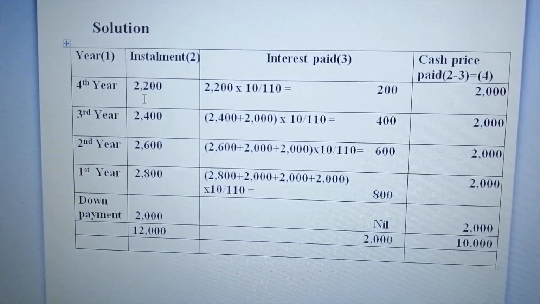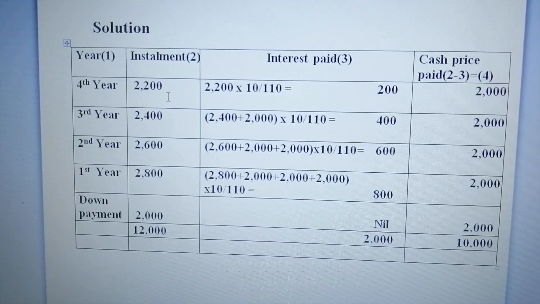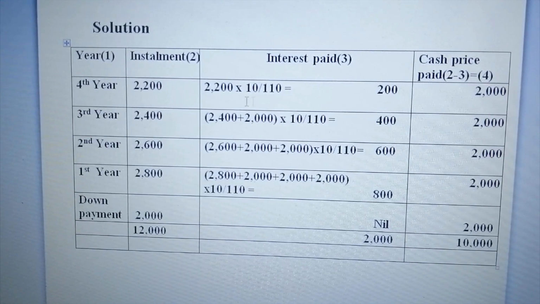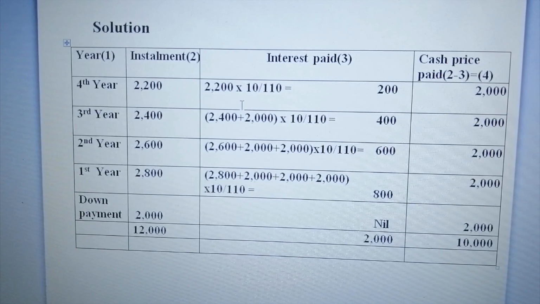Last installment amount is how much? 2200. At this stage, there is no more outstanding due. Therefore, the interest is calculated directly on the installment amount. Now, we can calculate the interest. Installment amount is 2200 into 10 divided by 110.